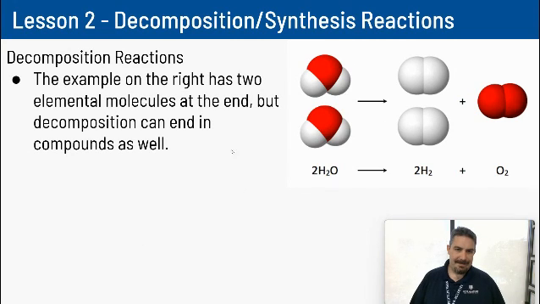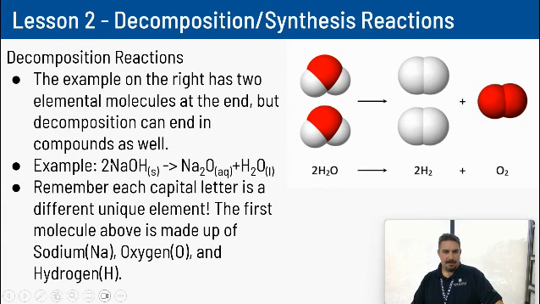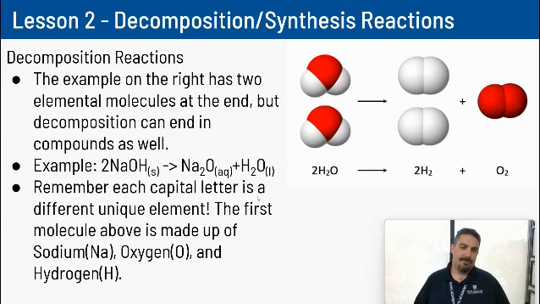Now, this example on the right has two elemental molecules at the end, pure hydrogen, pure oxygen, but it can be compounds as well. Here's an example of a compound breaking down, where we have two sodium, oxygen, and hydrogen atoms breaking up into 2 sodium and an oxygen plus water, H2O, at the end, okay?